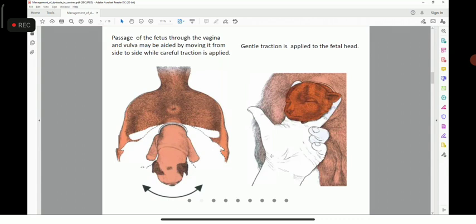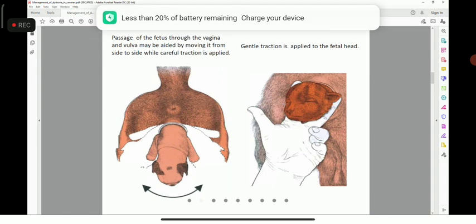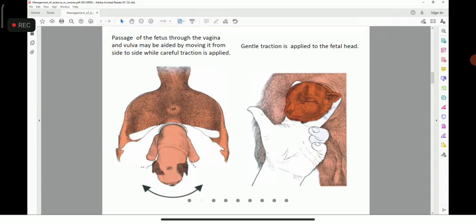Look, this is another method when the fetus is like this. You can put both your fingers guarding the neck, because the vaginal pressure is so much that in normal condition the forelimbs should be guarding the head.